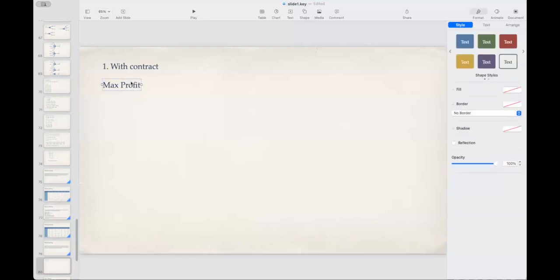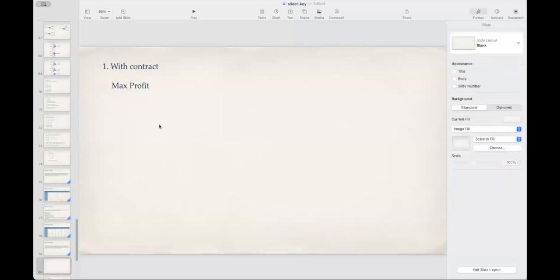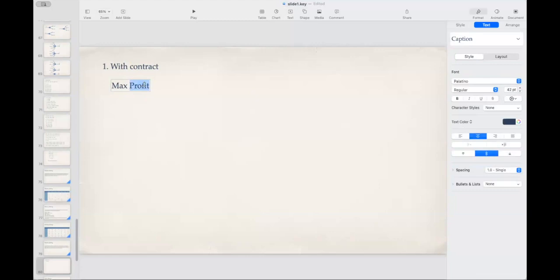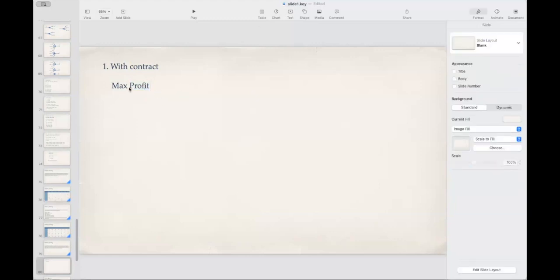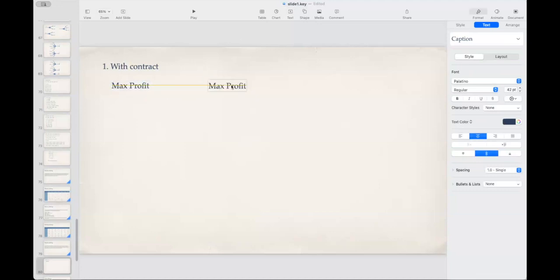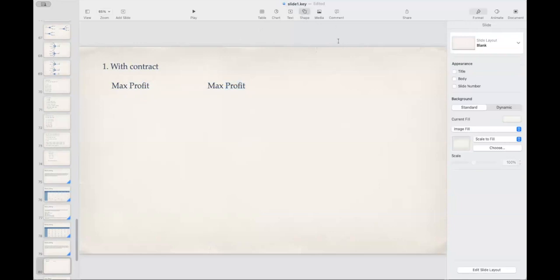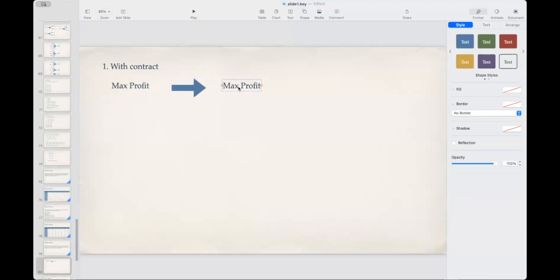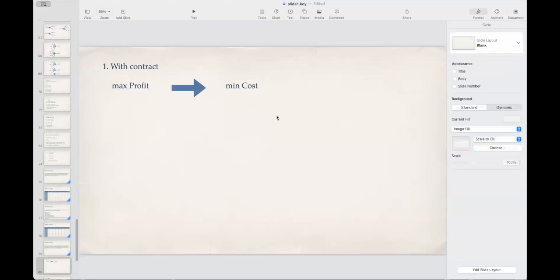However, the profit in this case, the revenue is fixed, right? Just minimize the cost. Okay. It is the same thing.